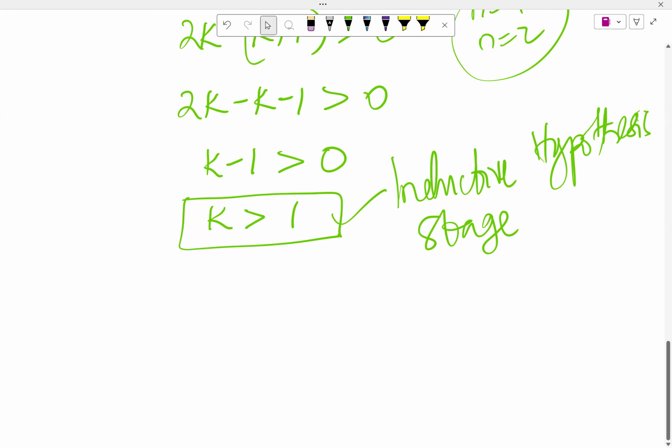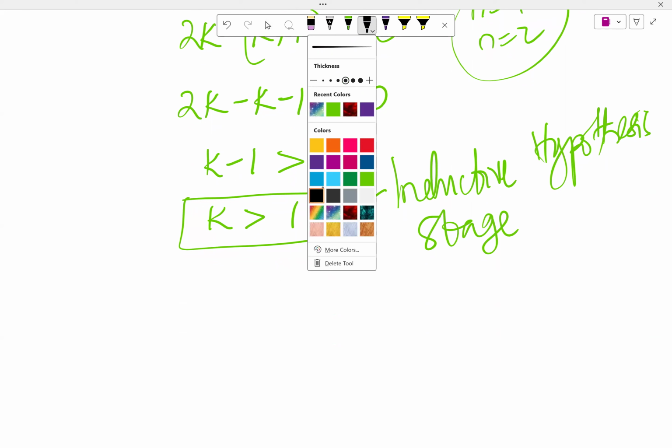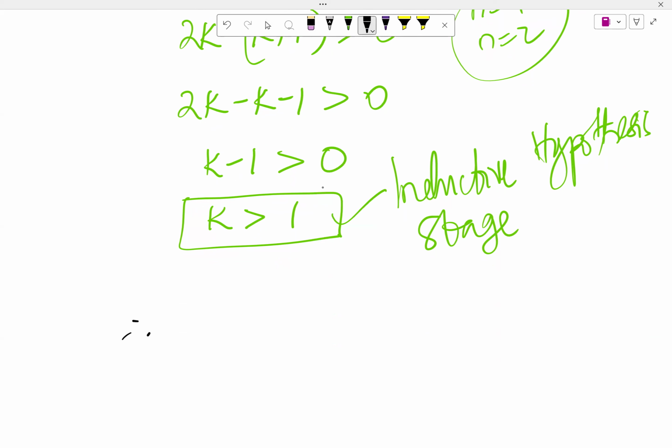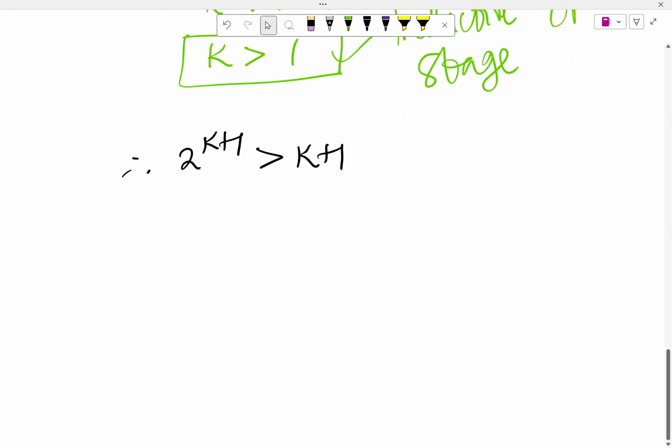So we can say, therefore, 2 raised to power k plus 1 is greater than k plus 1. And that leads us to the conclusion.